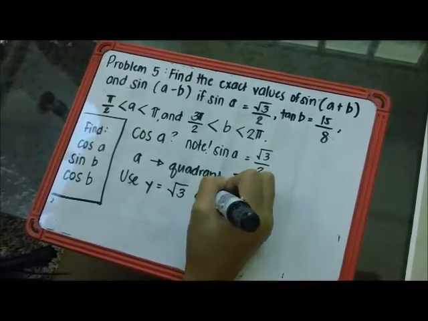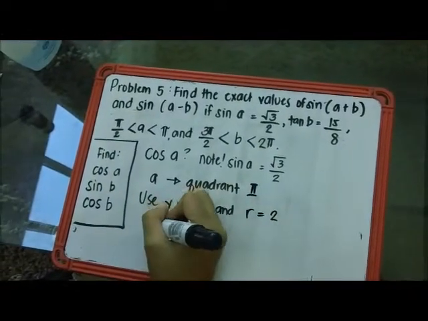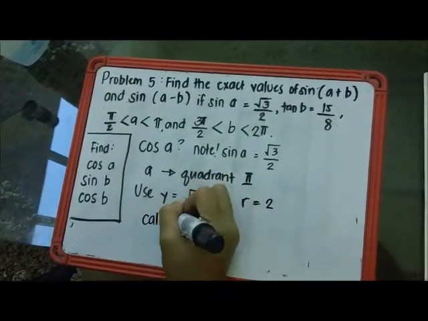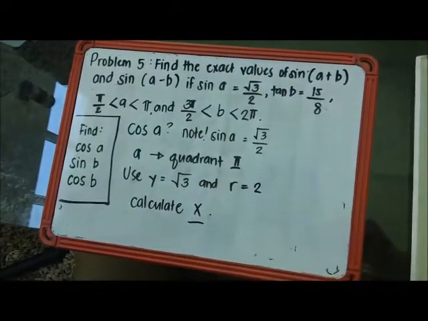First, find cosine A. Note that sine A is equal to square root of 3 over 2, and A is in the second quadrant, so y is equal to square root of 3 and r is equal to 2. Calculate for x.